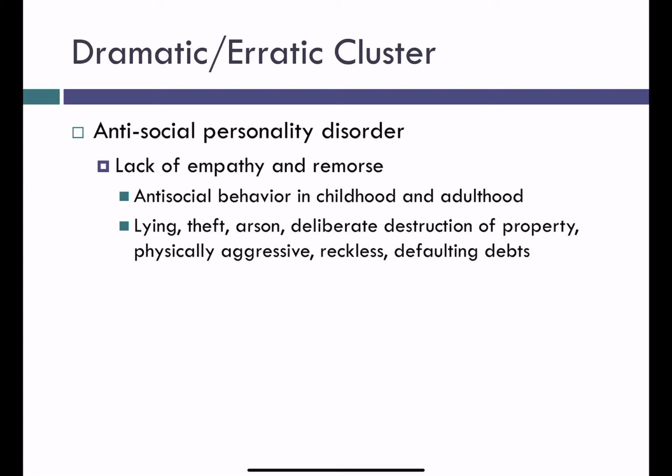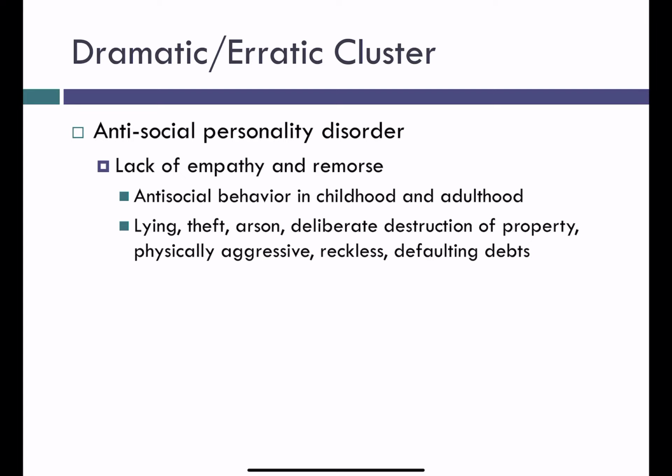Next is antisocial personality disorder. People with antisocial personality disorder show a consistent lack of empathy and remorse. They fail to conform to kind of social norms. They show this blatant disregard for the rights of other people. They don't show distress about hurting other people, and they have no problem whatsoever deceiving or manipulating other people for personal gain.